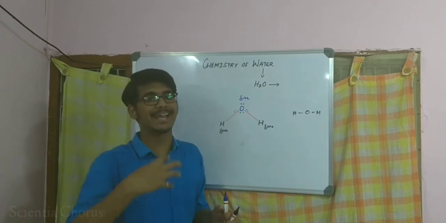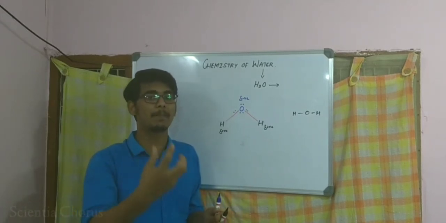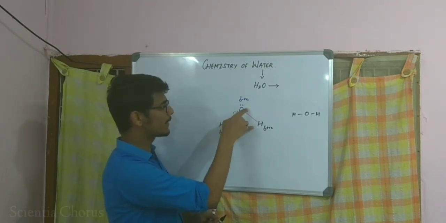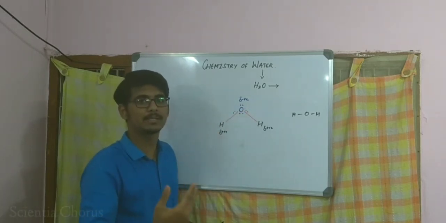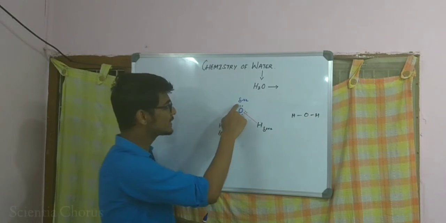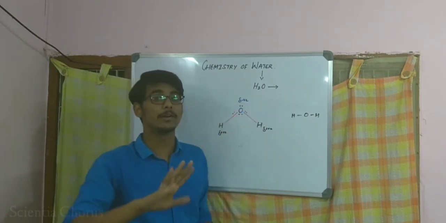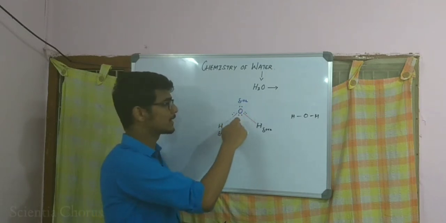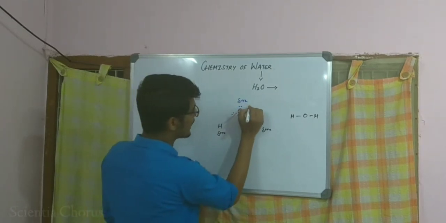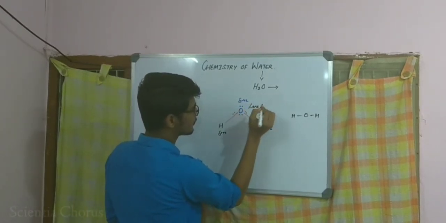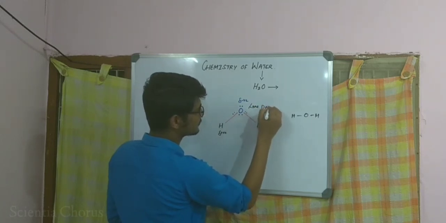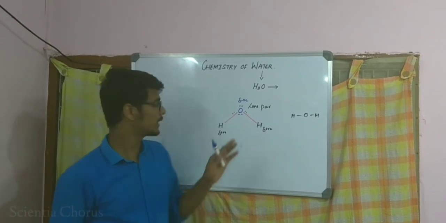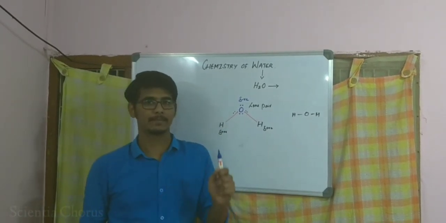It is nothing but the electrons which are not taking part in the bond formation. So in this case, only these two electrons have been shared with the hydrogen atoms. These 4 electrons are not shared with any other atoms. So these are considered as lone pairs. So this is one lone pair and this is one lone pair. So totally 4 electrons are there, right?